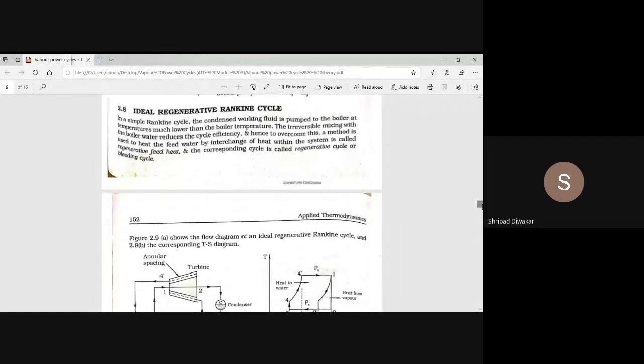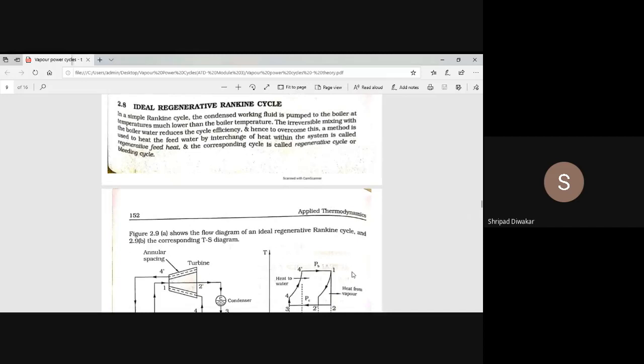Next I'm going to discuss one important concept called as ideal regenerative Rankine cycle. Every time they used to ask this question for 10 marks, explain ideal regenerative Rankine cycle with flow diagram and TS diagram. You remember we have to draw only TS diagram in a Vapour power cycle.